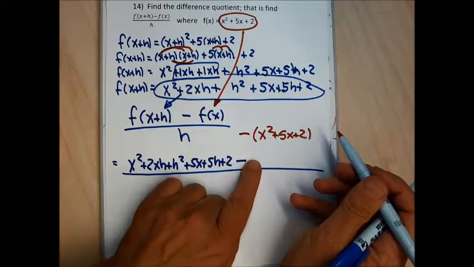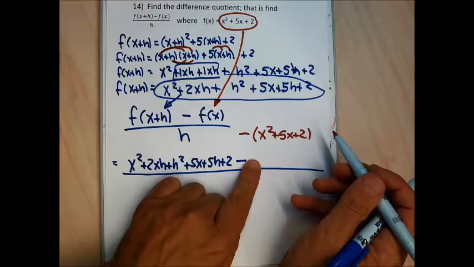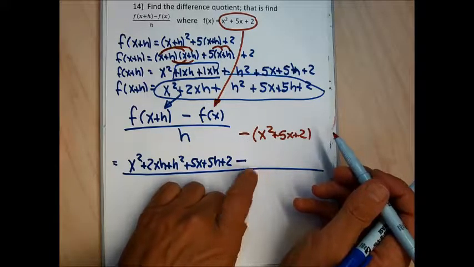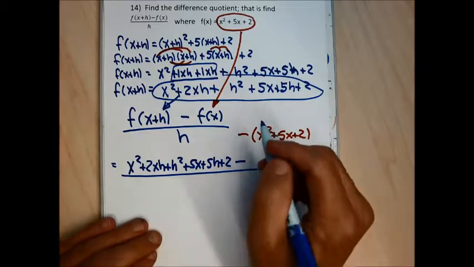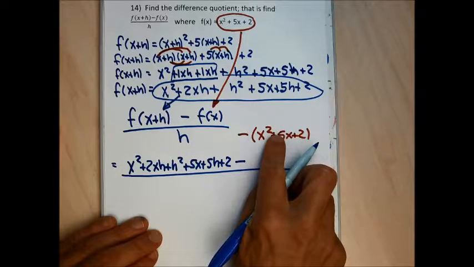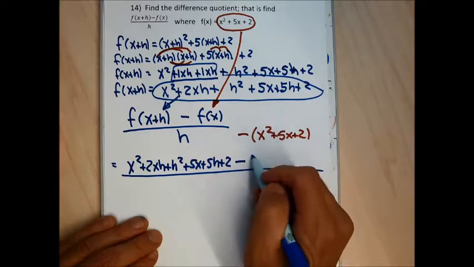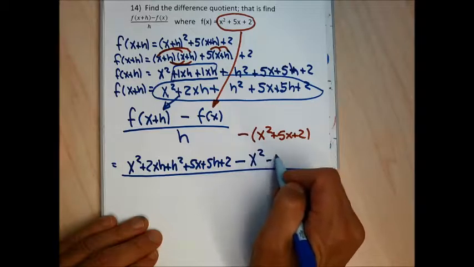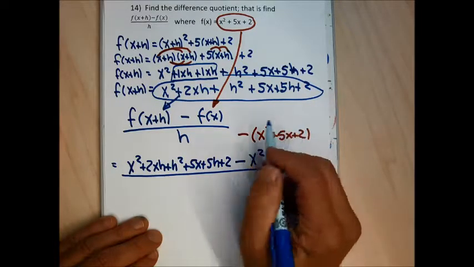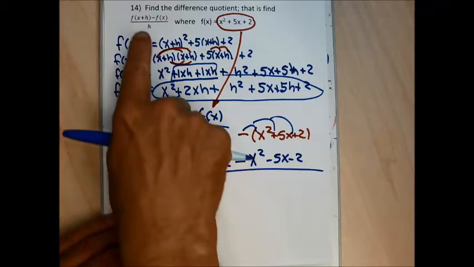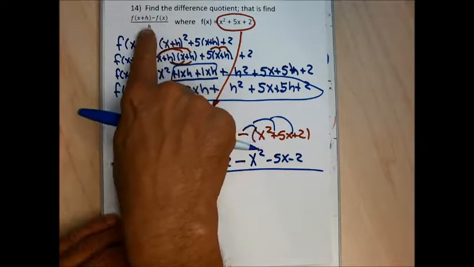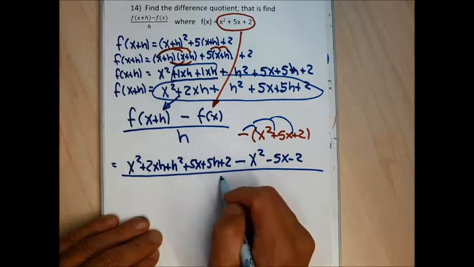So this is what I should write after the minus sign, but I'm going to write it above and clear the parentheses just so my work doesn't get too long. So the minus f of x is that, and this is going to simplify to minus x squared minus 5x and minus 2, because this minus is going to flip all the signs in the parentheses. So this is the numerator of my difference quotient. The denominator of my difference quotient is just h.